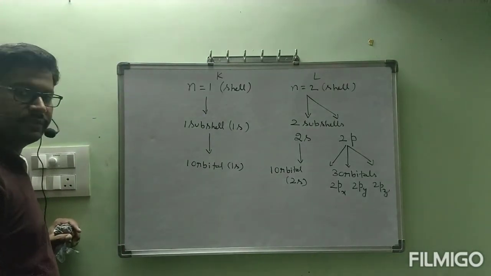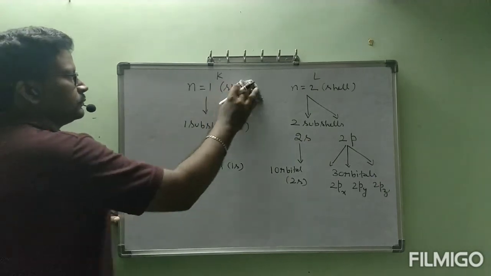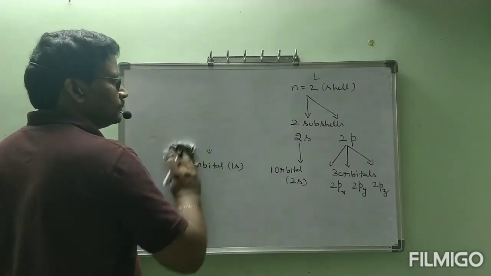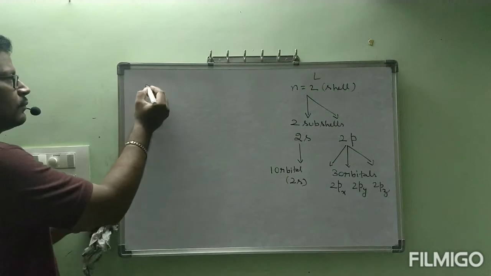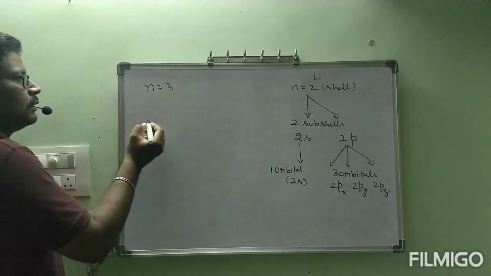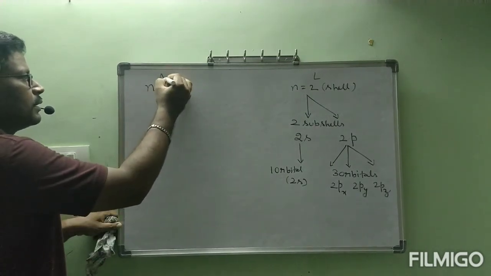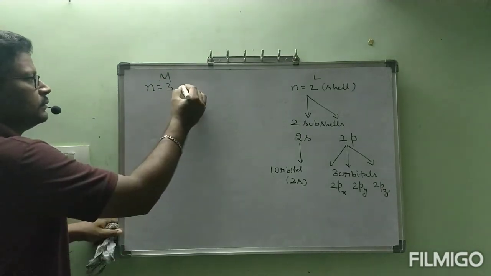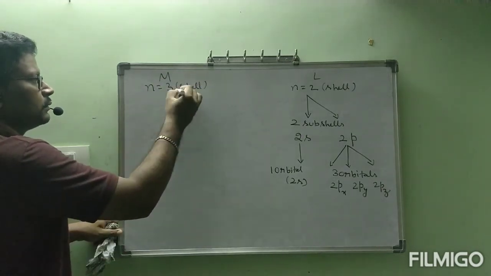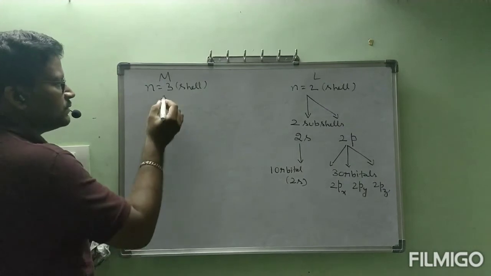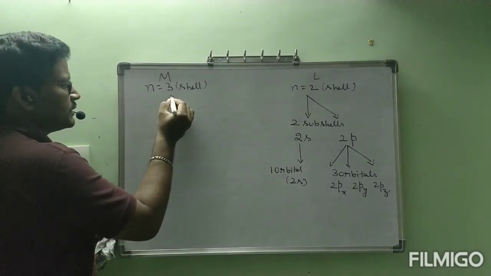Next, the third shell. n is equal to 3, the M shell. Now n is equal to 3 has 3 subshells.